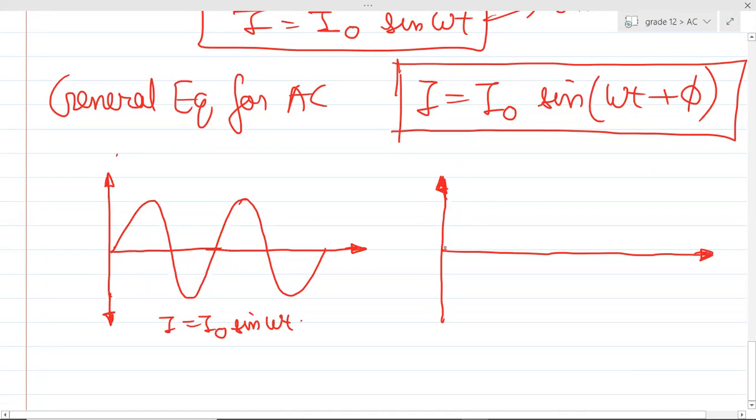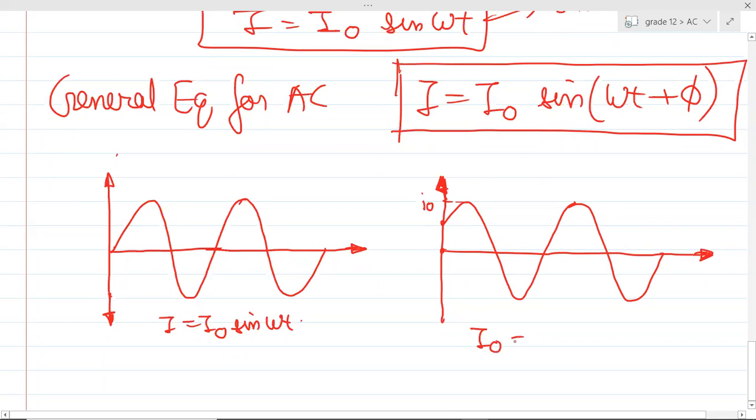The next diagram I can draw is something like this. Can you see over here, this is not starting from the origin. It is starting from some other position.